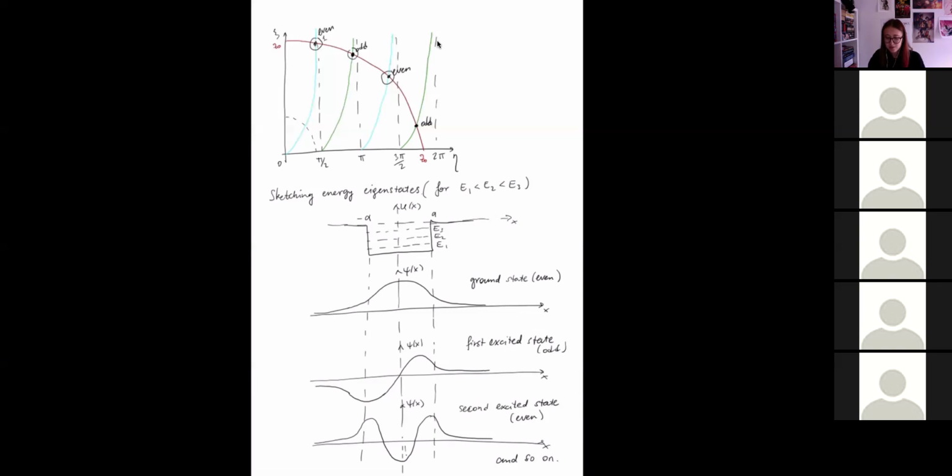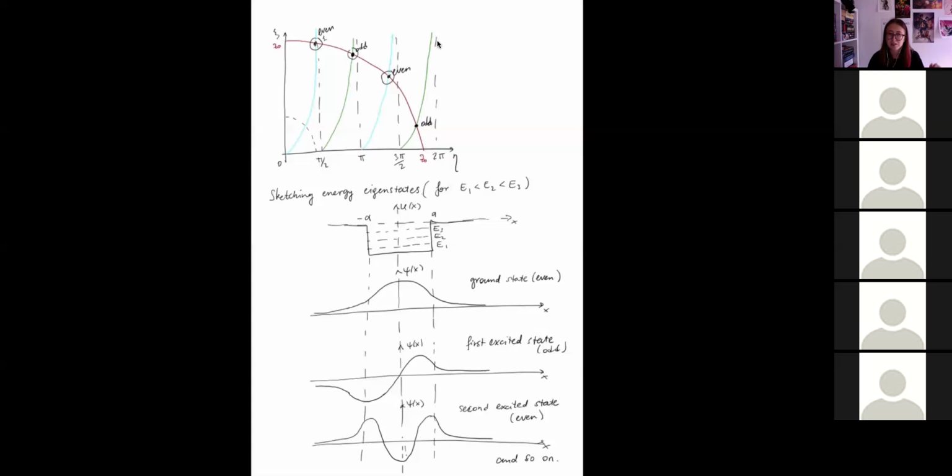And second is that you should have an understanding and intuition of how the wave function looks like, because for the bound state, one thing we have to remember is that the wave function has to decay in the limit of infinity.